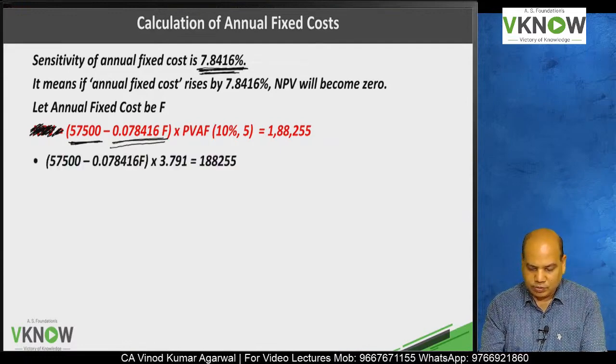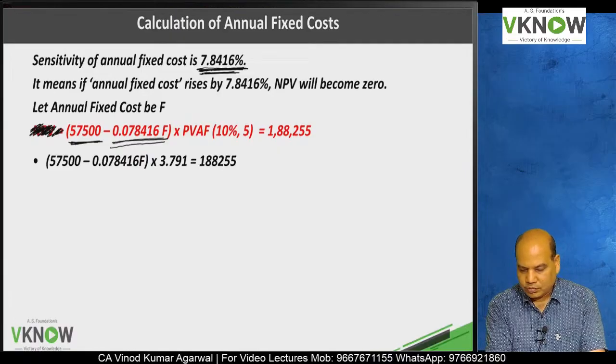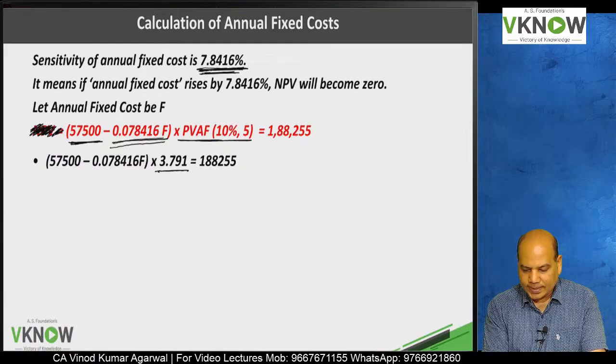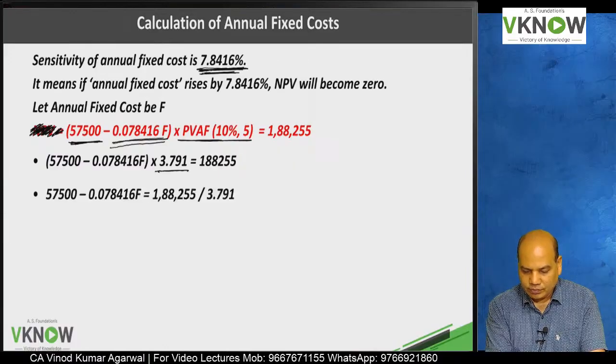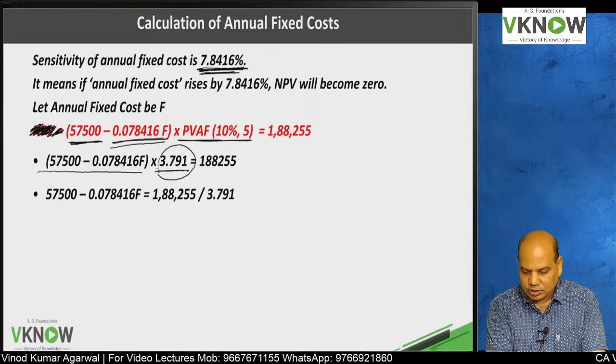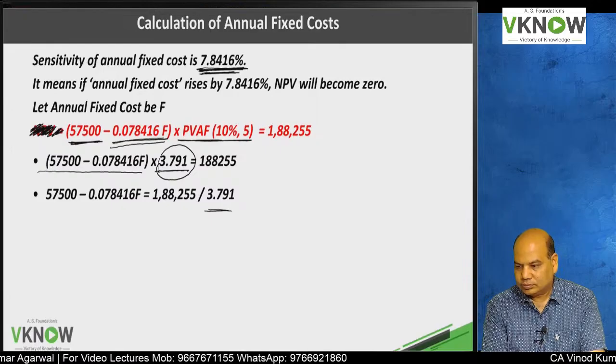And now we'll solve an equation. This is 3.791. Just put the value there. Then this number on the left side, this number on the right side. Write down.